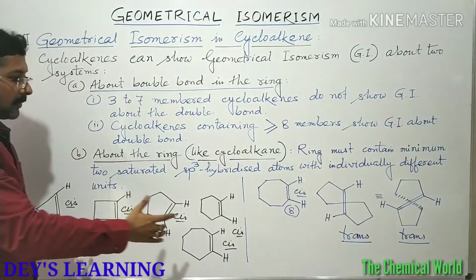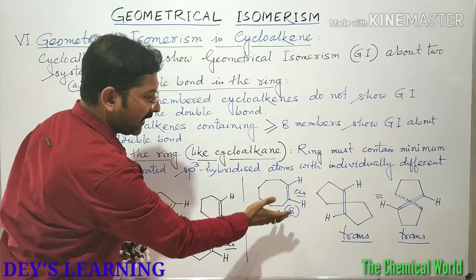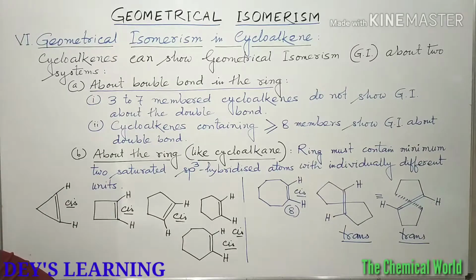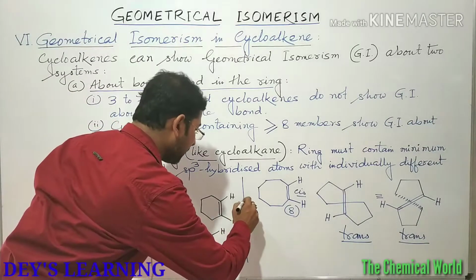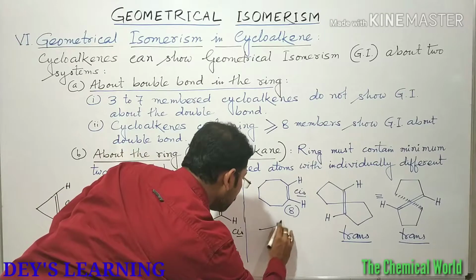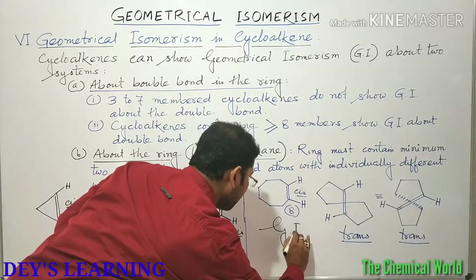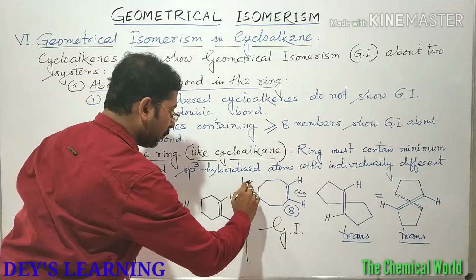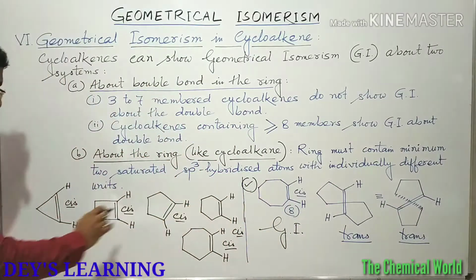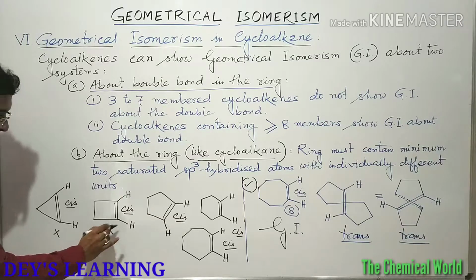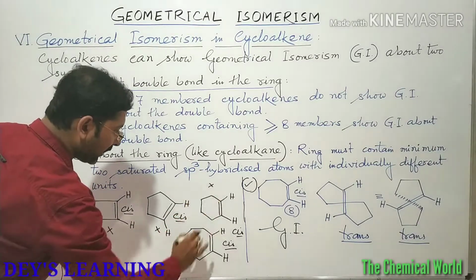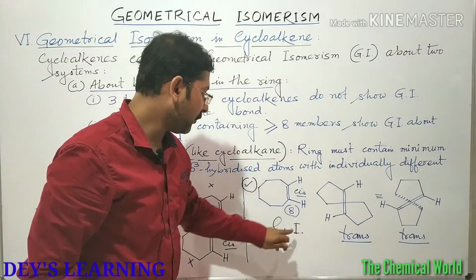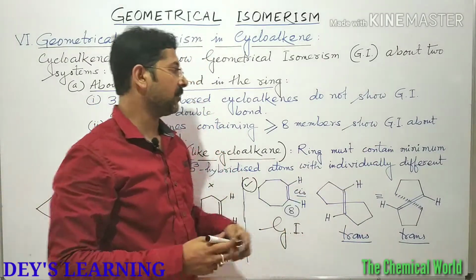So compounds containing an 8-membered ring can have cis and trans configuration. Therefore, compounds containing 8 or more carbons show geometrical isomerism. So geometrical isomerism is possible only when it is an 8 or more than 8-membered ring. But this is not possible for the smaller rings. These are always cis.